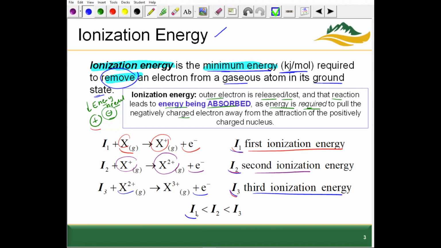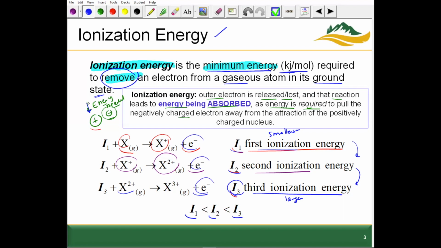The first electron, that's the easiest to remove. We need more and more energy as we try to remove more and more electrons. So first ionization energy is going to be the smallest, then the third ionization energy will be larger. We need more and more energy each time to remove an additional electron each time.